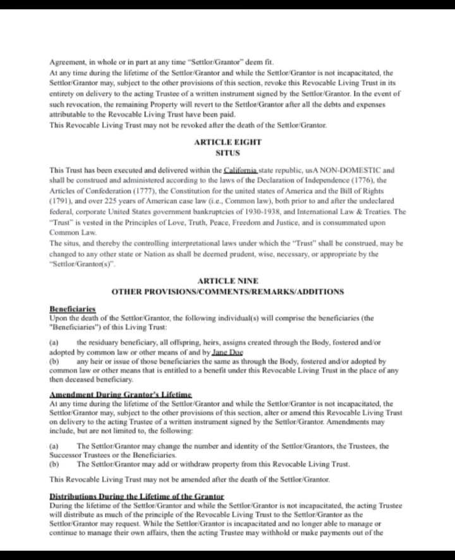A. The residuary beneficiary, all offsprings, heirs, assigns created through the body, fostered and or adopted by common law or other means of any Jane Doe. Any heir or issue of those beneficiaries the same as through the body fostered and or adopted by common law or other means that is entitled to a benefit under this revocable living trust in the place of any then deceased beneficiary.